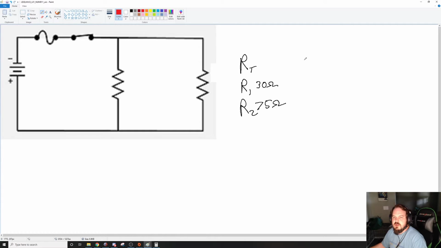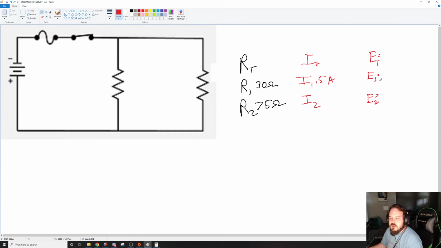Let's grab a new color. I total, I1, I2, this was 0.5 amps. And then E total, we don't know anything. Okay, E1 and E2.